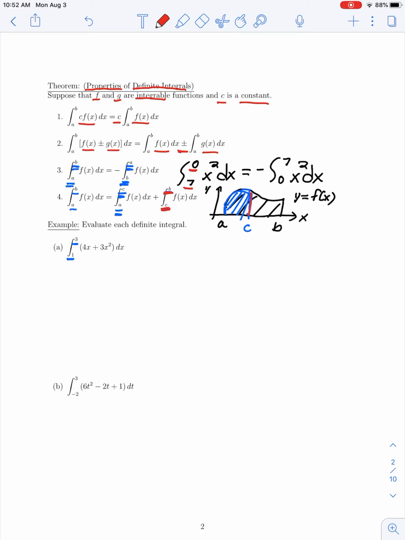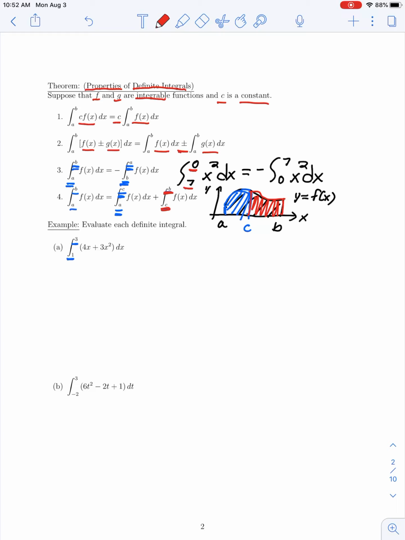So integrating from c to b would give us the area of this region, and we can see that the sum of those two areas would give us the integral over the entire interval from a to b. So let's look at some examples which may make use of these properties.